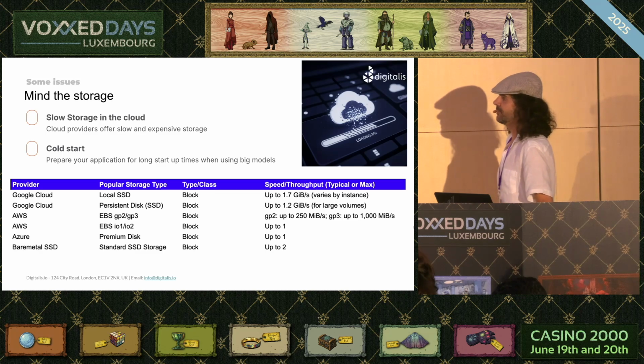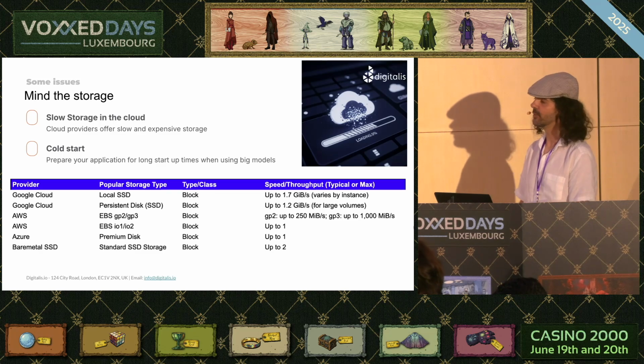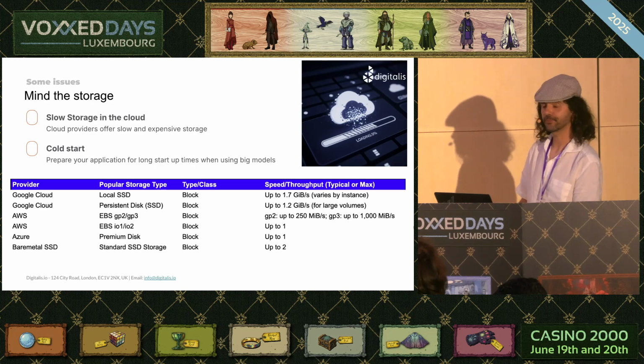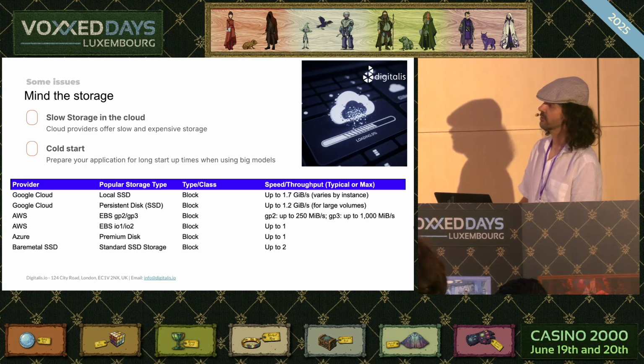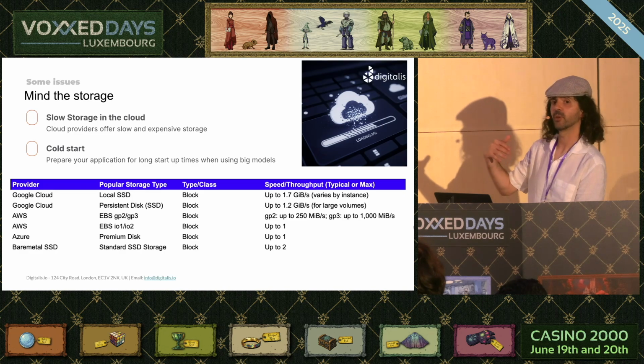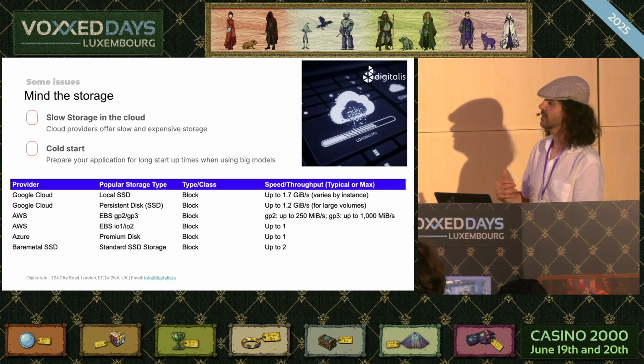Okay, something that is often really overlooked is the storage. LLM models suffer from a cold start issue. What it means is that when you start up the model, when you start your software, it has to load the model into memory.